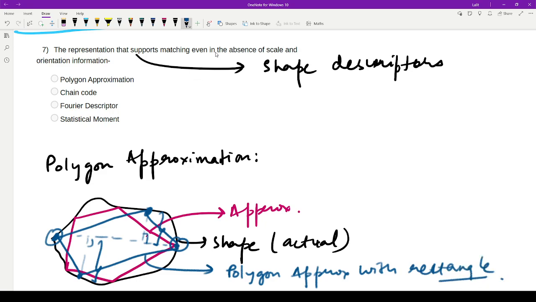The question asks, you don't have scale and orientation information. That means it's absent. Can you still do polygon approximation? Yes or no? Why do you say so?